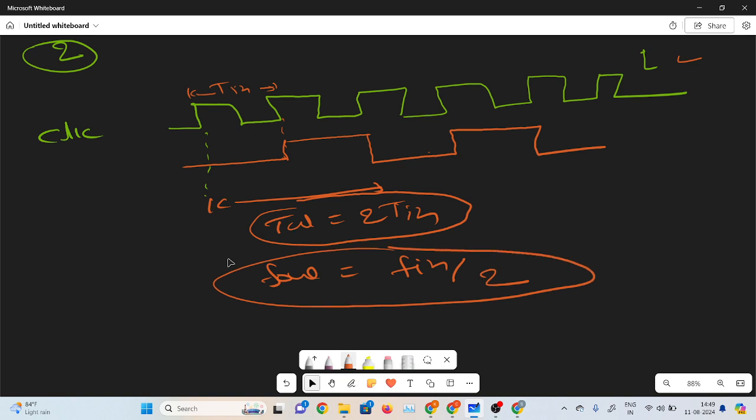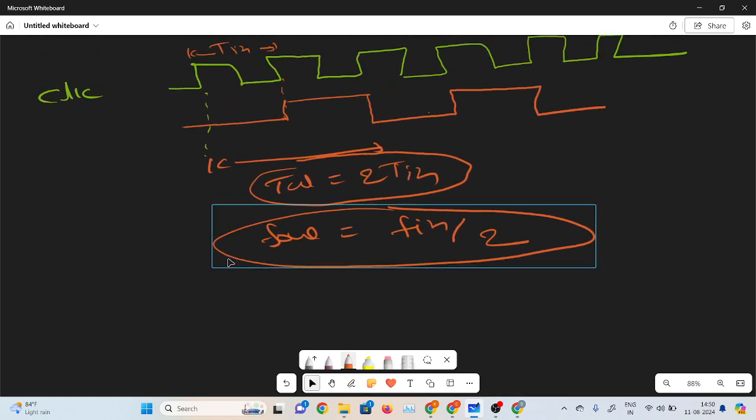One more thing: how do we calculate the duty cycle? Here I designed the f by 2 circuit with 50% duty cycle. See, the total duration is T out, which is equal to 2 T in. In one half it will be 0, and in the second half it will be 1.